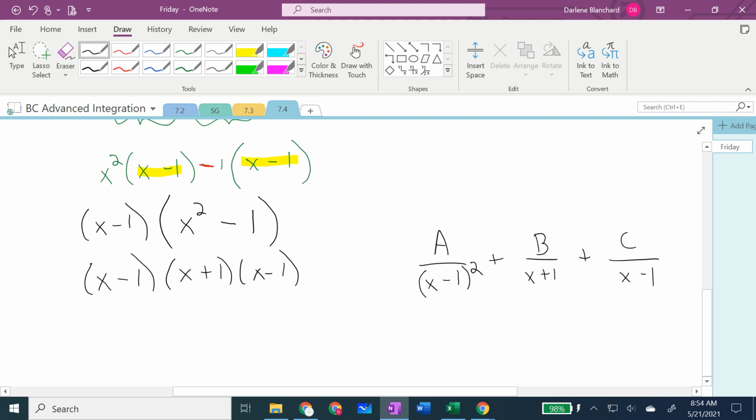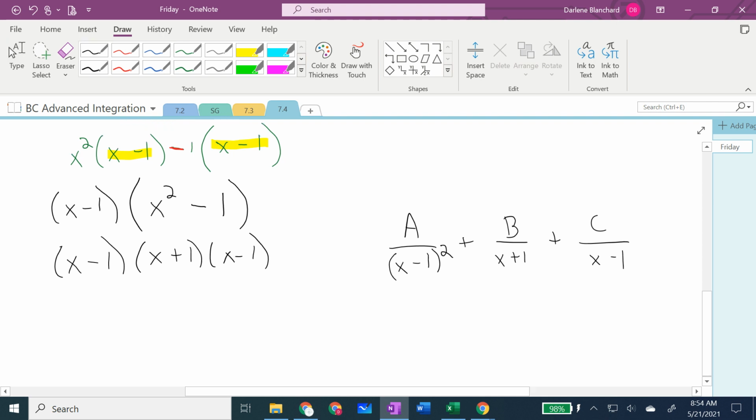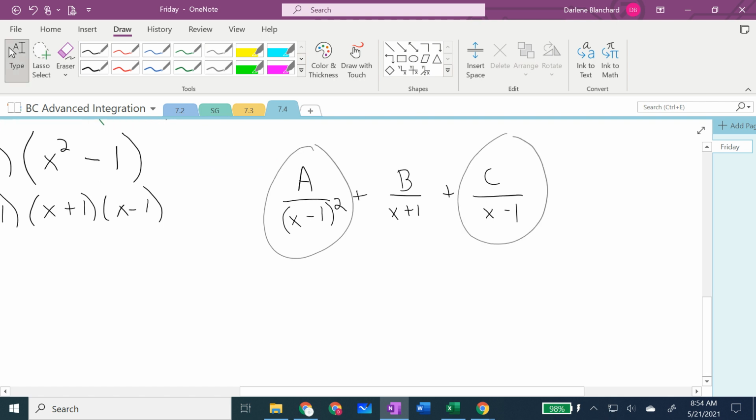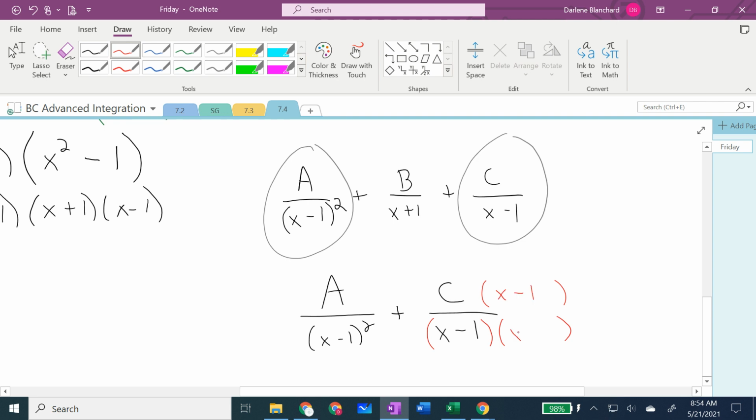Now, what I want you to notice is if I take a look at these two together, just those two, if I was to go about a common denominator, I would need to multiply the top and bottom over here by x minus 1.